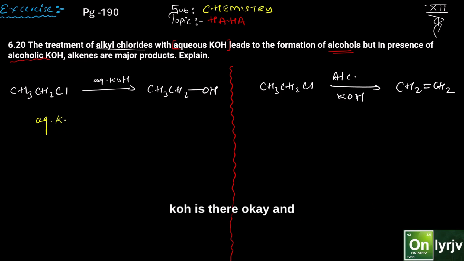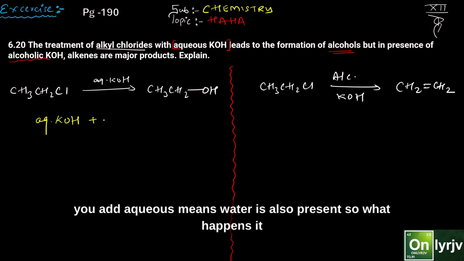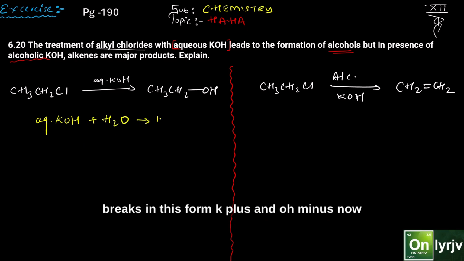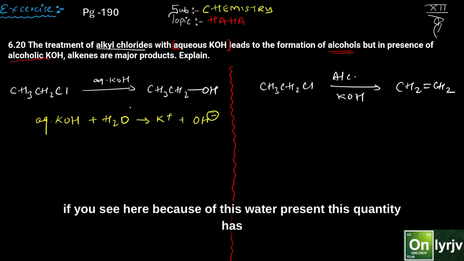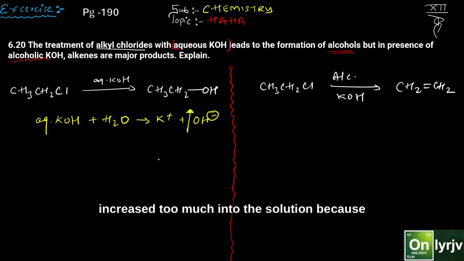When aqueous KOH is there, and aqueous means water is also present, what happens? It breaks into K+ and OH-. Now because of this water presence, the quantity of OH- has increased too much in the solution. Because of this, what will happen?